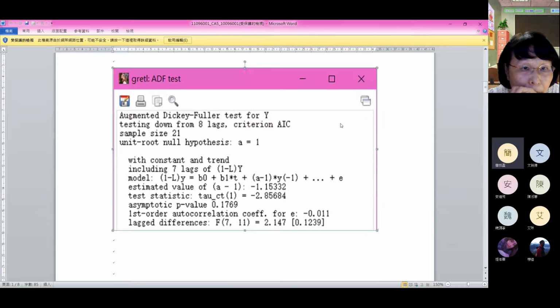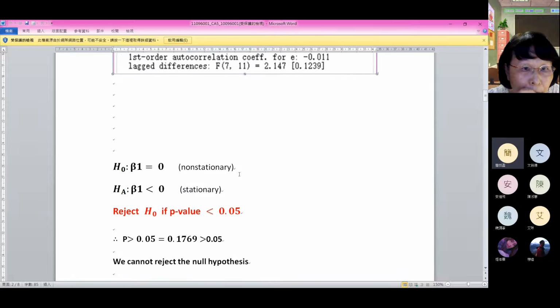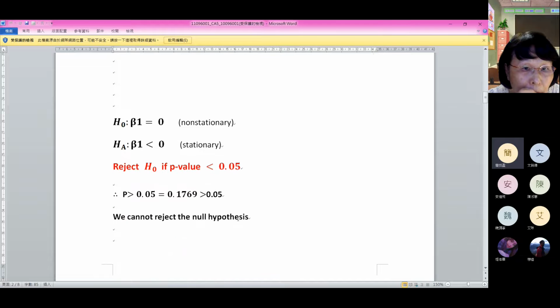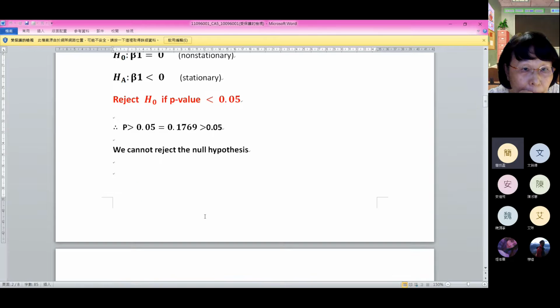In the Dickey-Fuller test, the p-value is 0.1769, and I compare it with 0.05, and we cannot reject the null hypothesis. So we can know that the y variable is non-stationary.